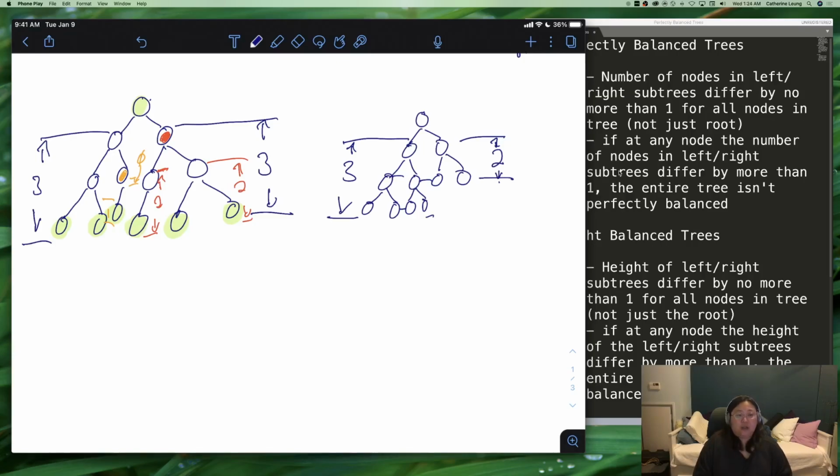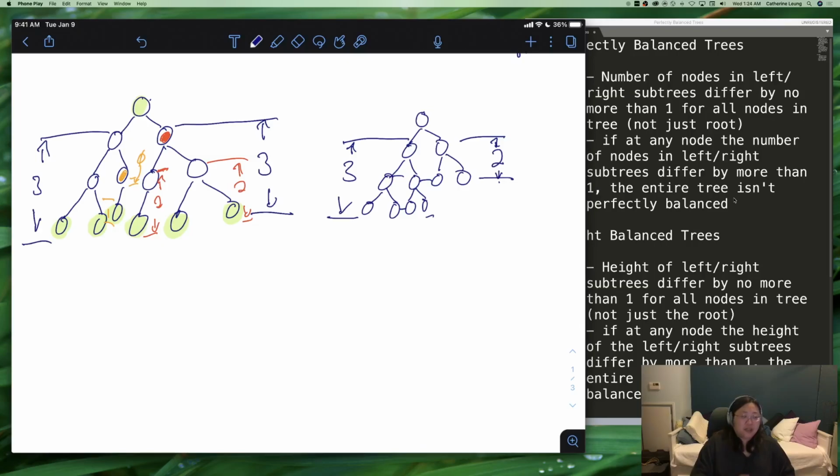Okay, what we want is a way of saying this tree is tree shaped enough, effectively, and height balanced trees are tree shaped enough. So are they perfect? No, they're going to be taller than a perfectly balanced tree with the same number of nodes, generally speaking.